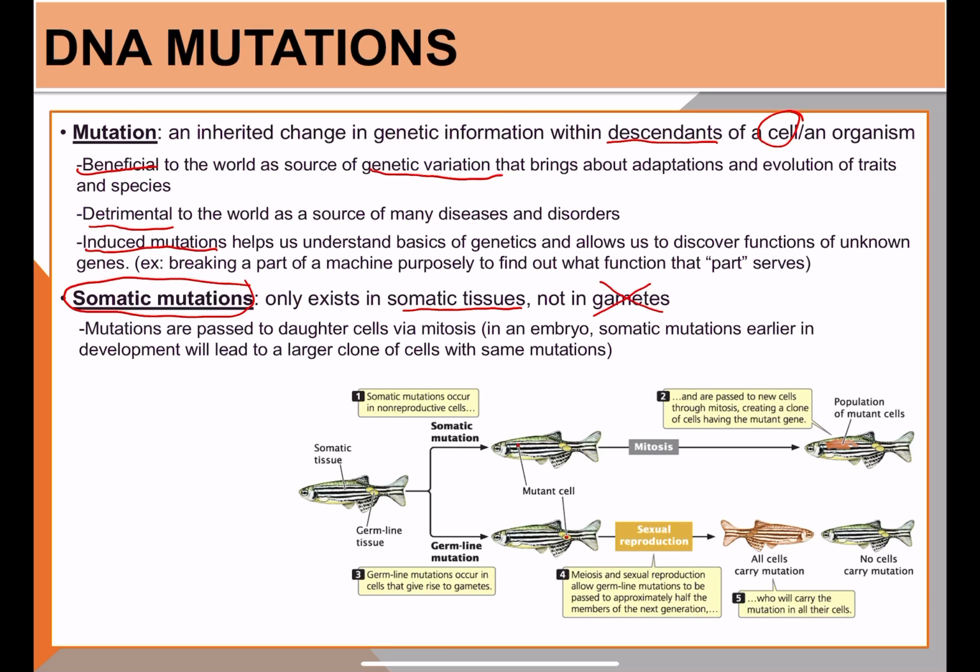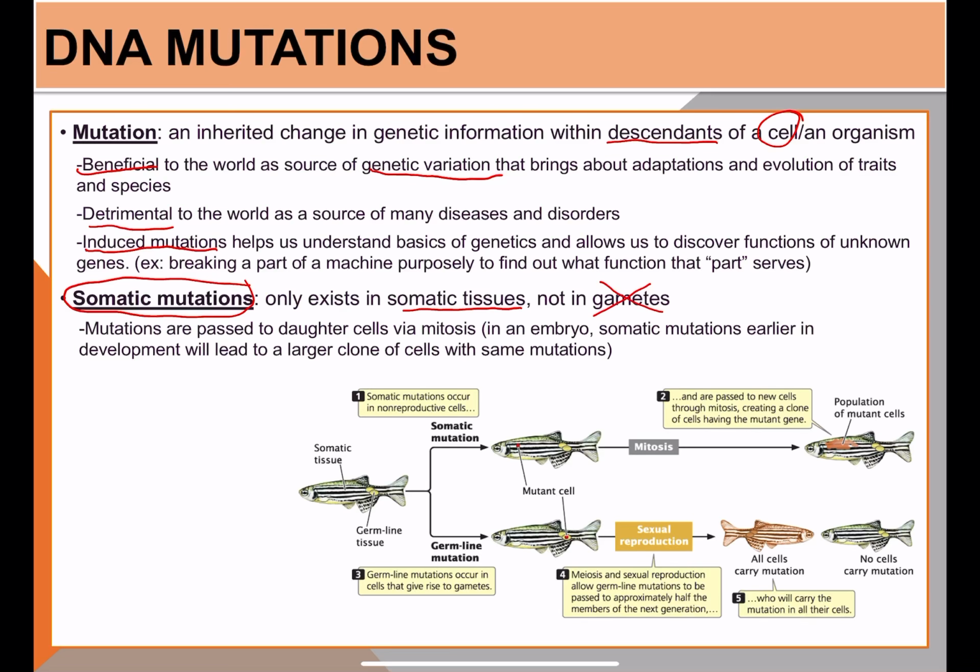I like to use the example of a skin mole. Just because we have a particular mole on certain parts of our skin, it doesn't mean our children will have that exact same mole in that very same spot. Some of it could be environmentally driven. Who knows? So that's why some things are somatic mutations that are not passed on to the next generation.